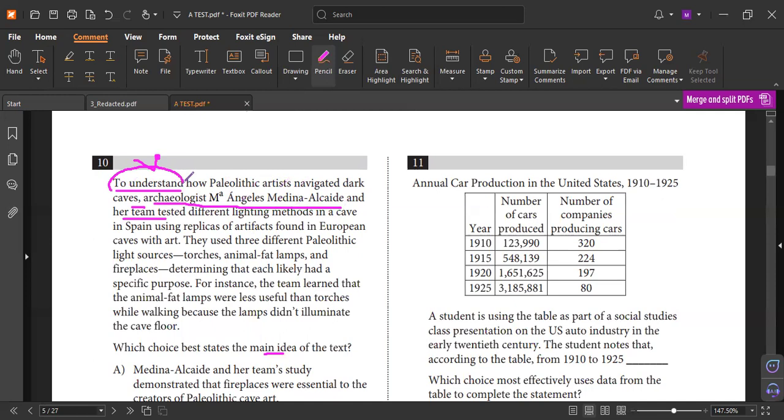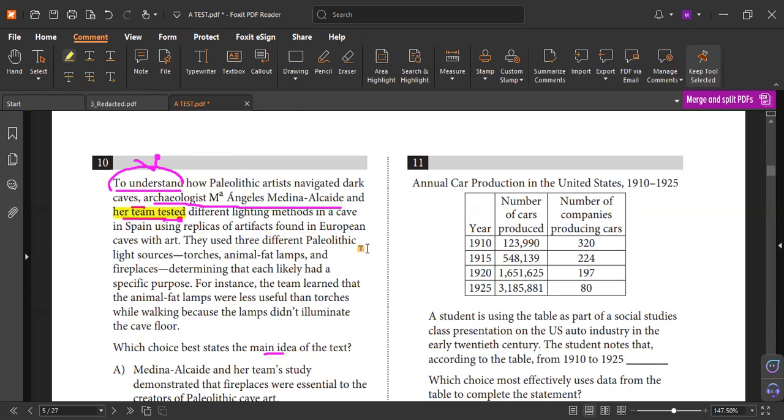So to understand, they tested. They tested what? Different lighting methods in a cave in Spain, using replicas of artifacts found in European cave art. Okay, so the team tested.